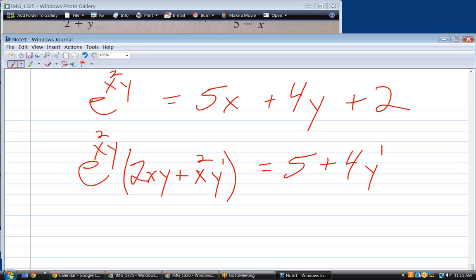Yeah. That's not as easy. In order to get y prime by itself, we need to distribute this over here. I've got to distribute this because after I distribute it, I'm going to have a term that does not have y prime in it and needs to go on the other side. So let's distribute it. Here, I'll just do it real quick.